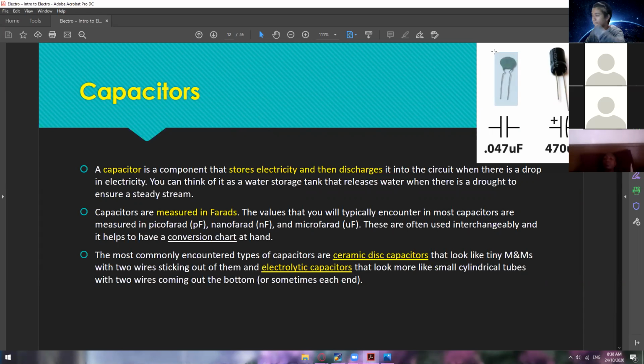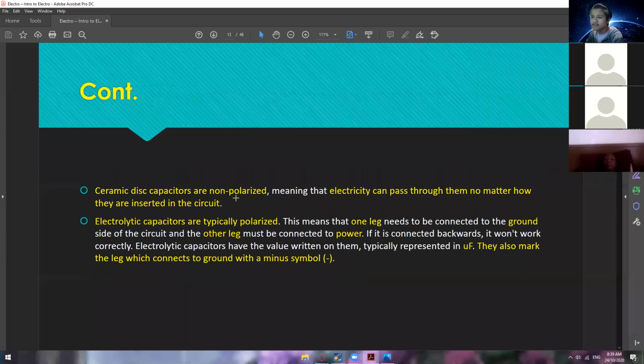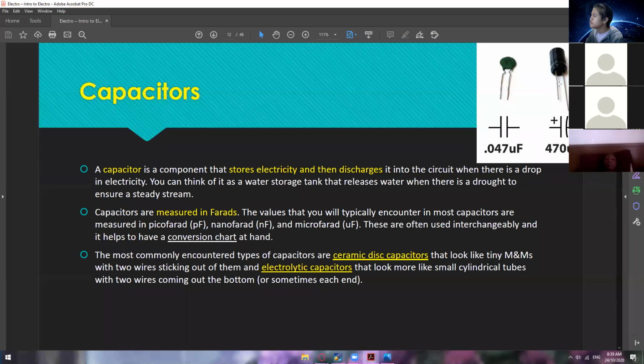But for the electrolytic capacitor, we have to follow the polarity. So the shorter one is the negative, I'm sure, and then the longer one is the positive.